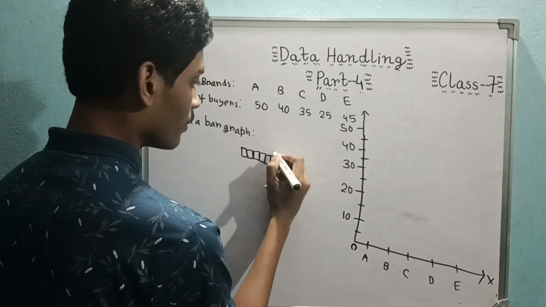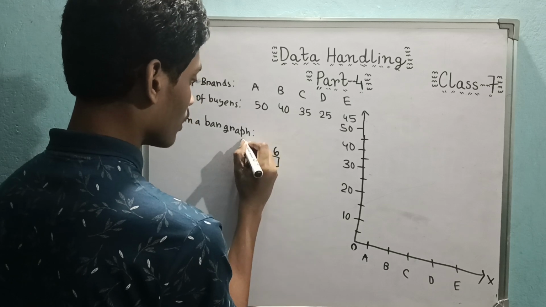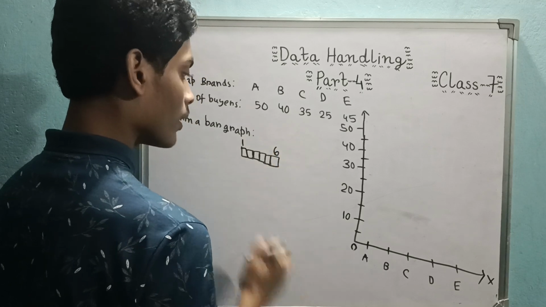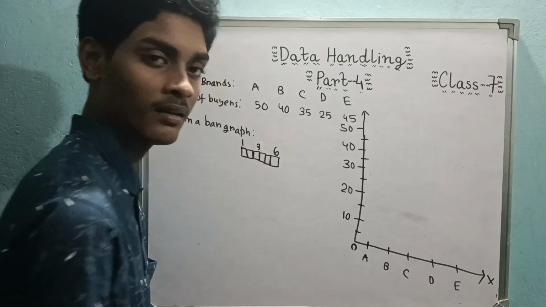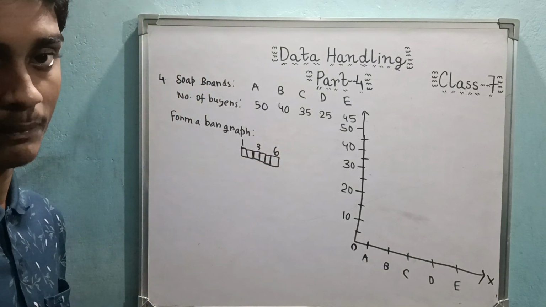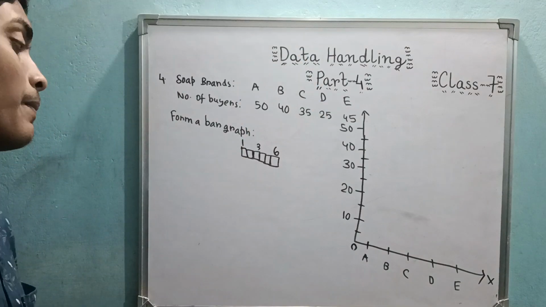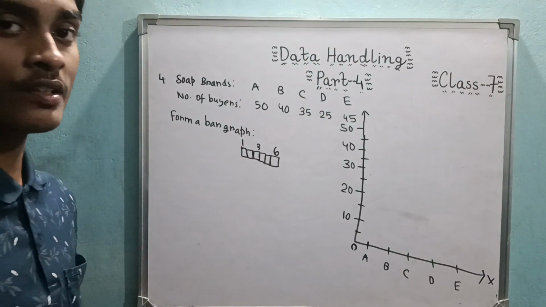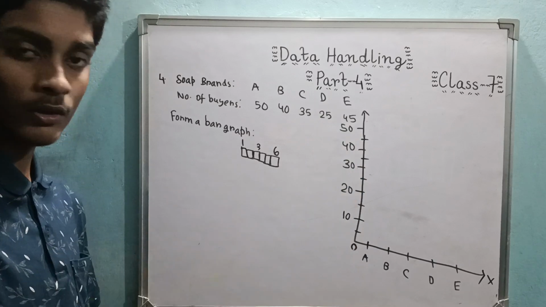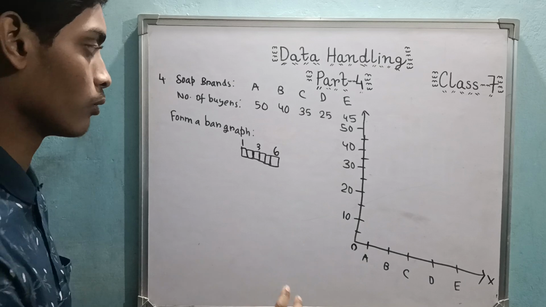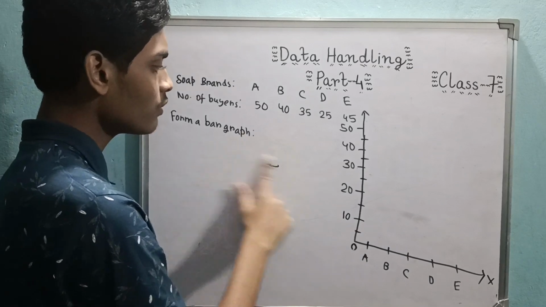So if this one is your 6, this is your 1, then you can find a mid value, it should be 3. Like that. This is like grids in the graph paper. There it will be much easier for you to draw the scale by your own comfort, whatever you like, suitable for you. Okay. This is my scale.